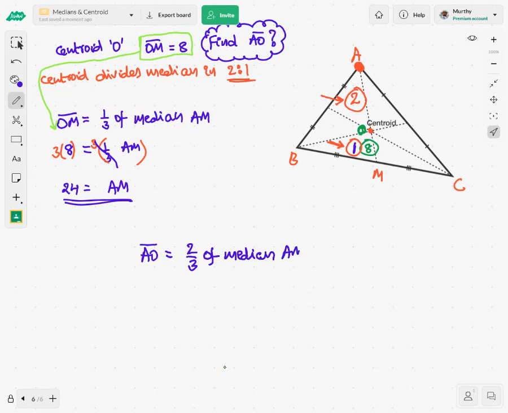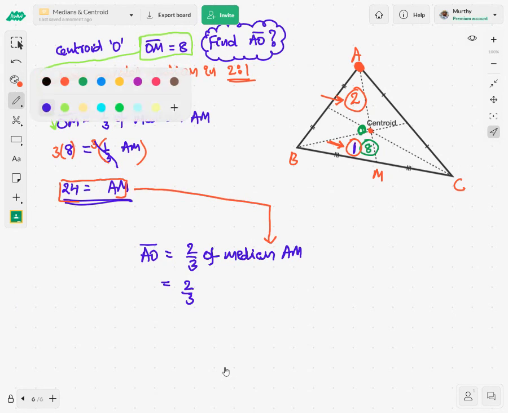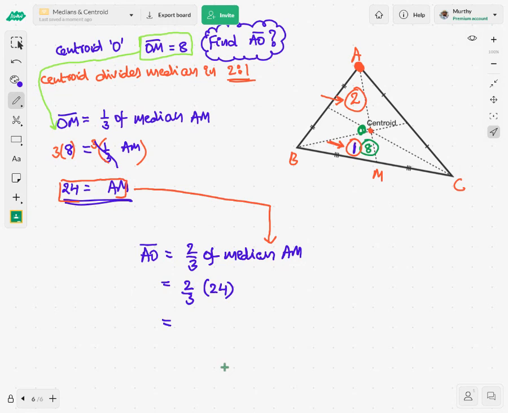So two-thirds of the median AM, which I just computed and got as 24 units. Now plug in the value of the median here, which is two-thirds of 24. Use a calculator, two-thirds of 24. That gives you 16 units. So that's the length, 16.